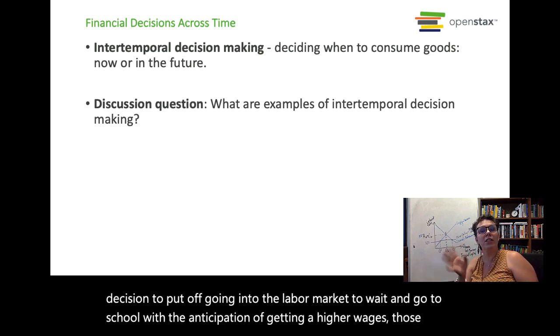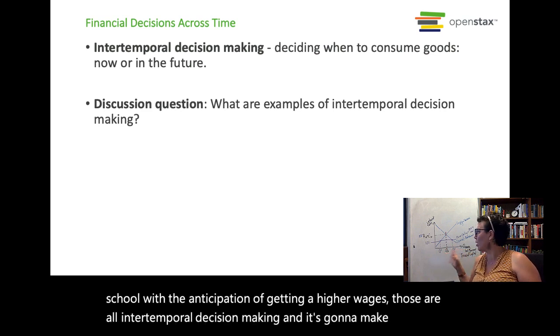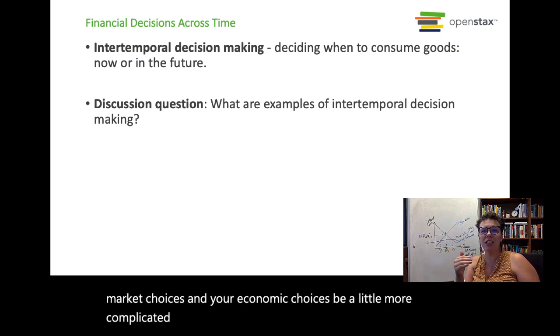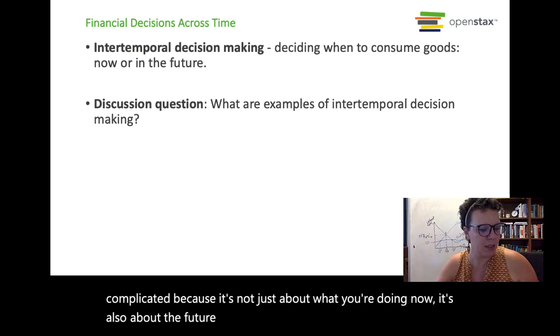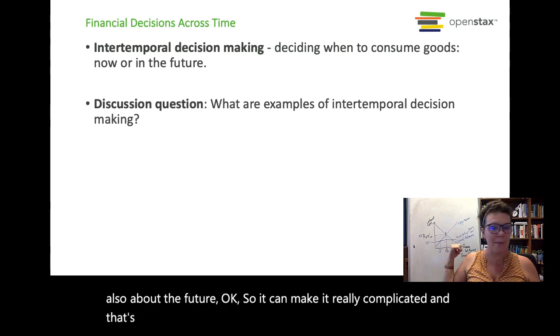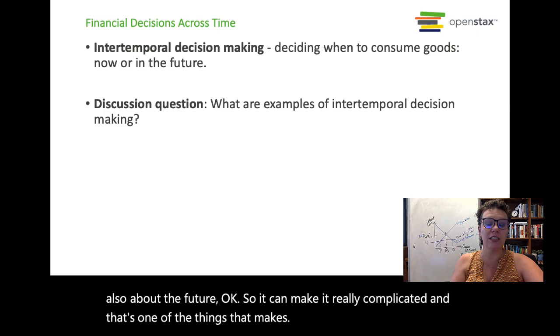Those are all intertemporal decision making. And it's going to make your market choices and your economic choices a little more complicated because it's not just about what you're doing now, it's also about the future. Okay? So that can make it really complicated. And that's one of the things that makes financial markets so different.